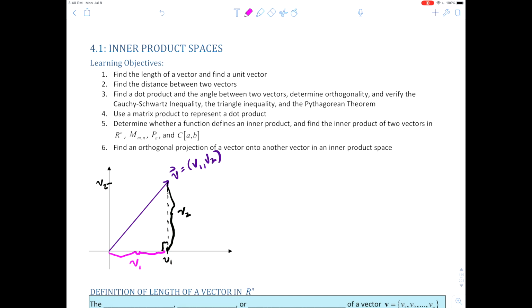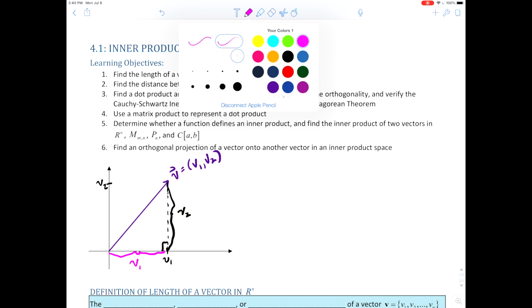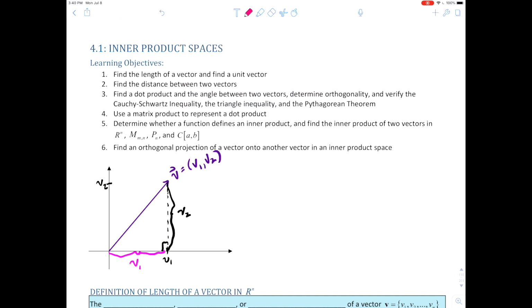Now, as we know from the Pythagorean theorem, if we take a look at the measure of this length, we can find it how? Well, if we call this the magnitude of V, it can be called length, magnitude, many different ways people talk about it. So the magnitude of V squared would equal to what?